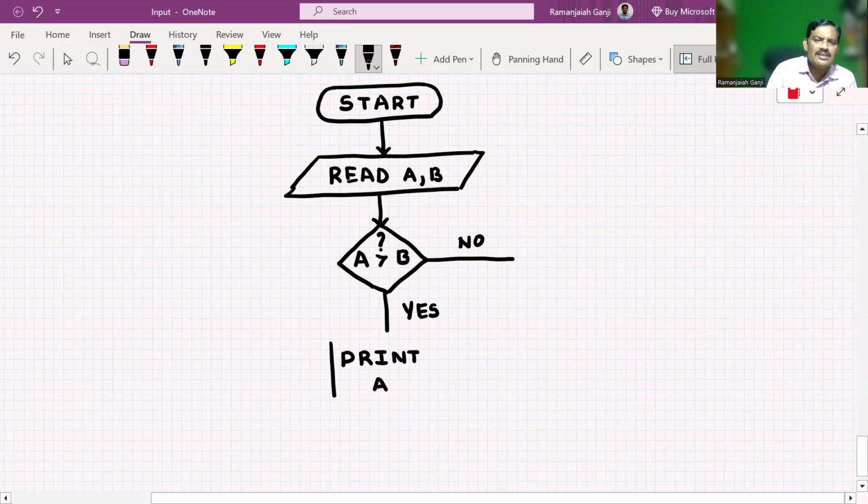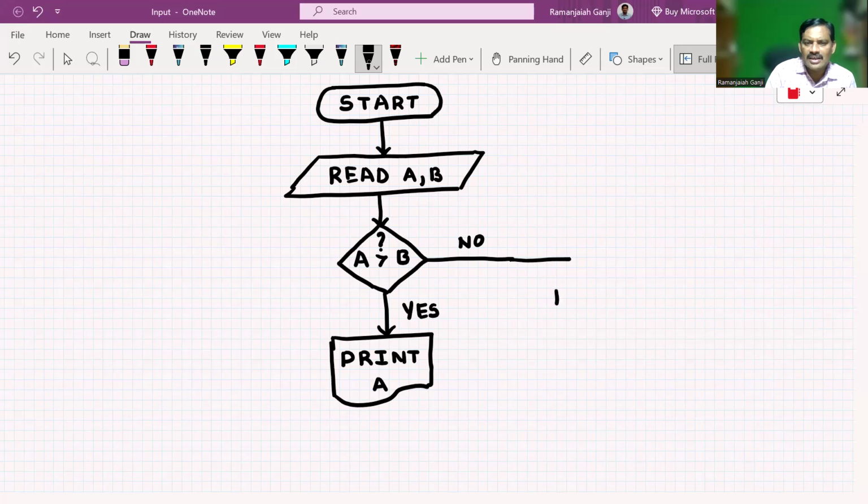You have to print the A value. A is greater than B, which means that A is big. If it is not true, A is not greater than B, then which one is bigger? B may be bigger. Then we have to print the B value. Very simple logic.